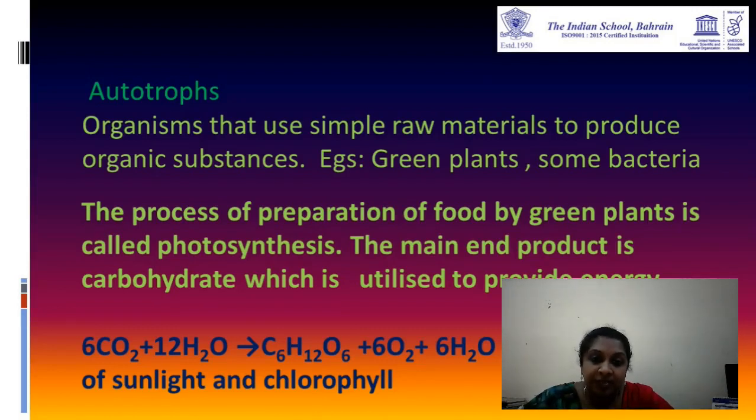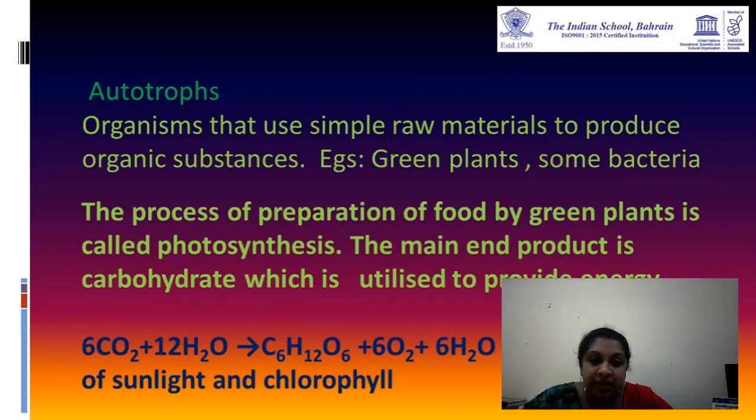The process by which green plants prepare their own food by using raw materials like carbon dioxide, water, sunlight and chlorophyll is called photosynthesis. The main end product of photosynthesis is carbohydrate. Apart from carbohydrates, the end products are oxygen and water. Carbohydrate, being the main end product, gives a lot of energy to the plant.